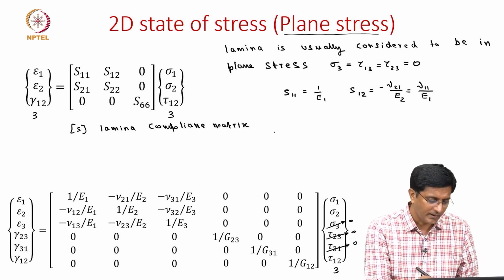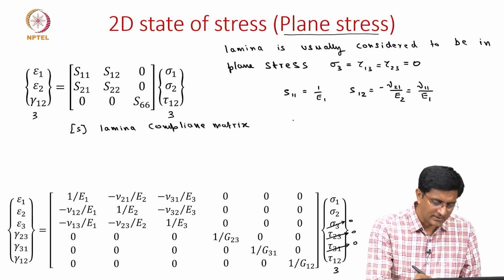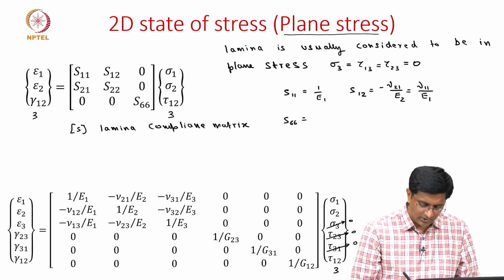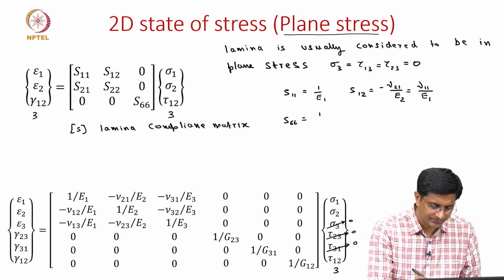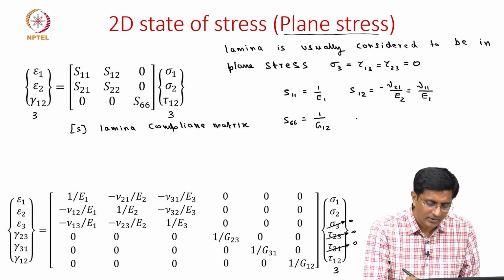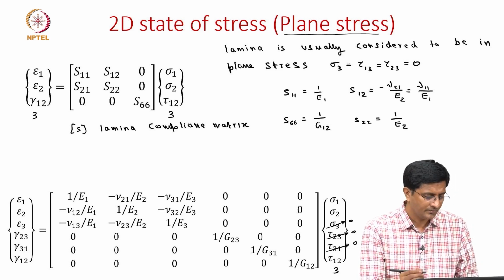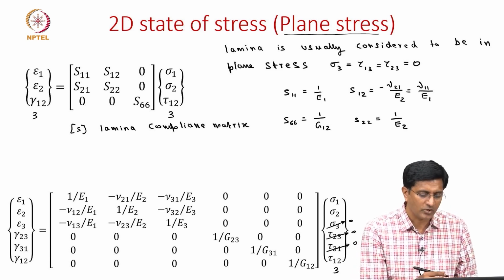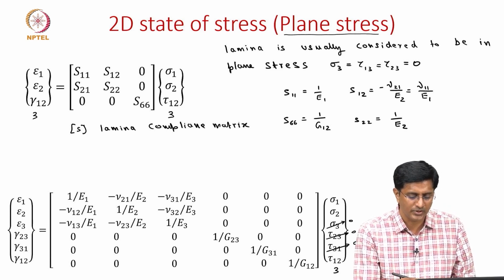And what about this S66? S66 can be written in terms of 1 by G12. And finally, S22 is 1 by E2. So, these are the non-zero components of the laminar compliance matrix which we have shown here.